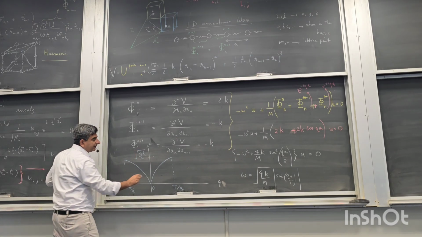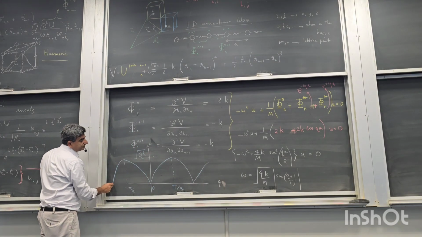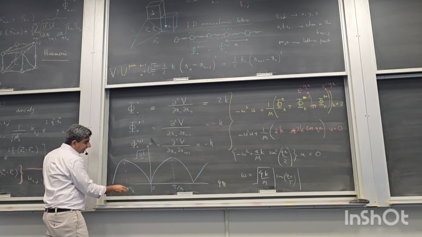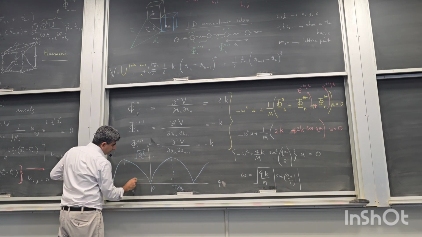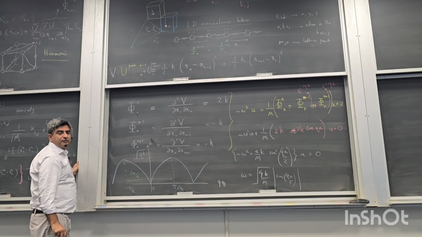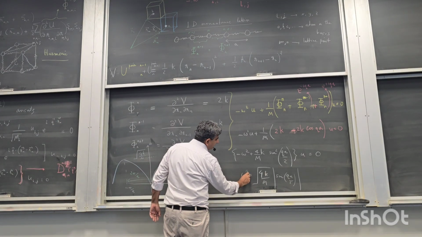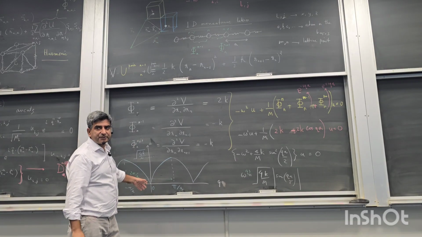Okay, and then it repeats itself. But the period is 2 pi over a. So this expression of omega as a function of Q is called the dispersion relationship.